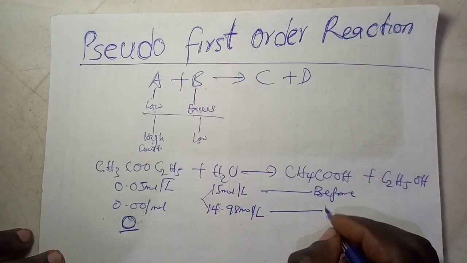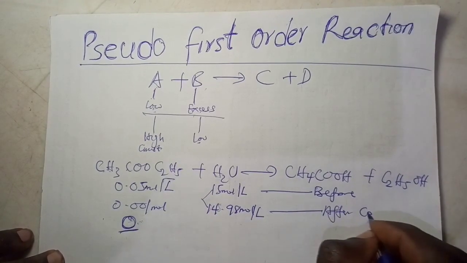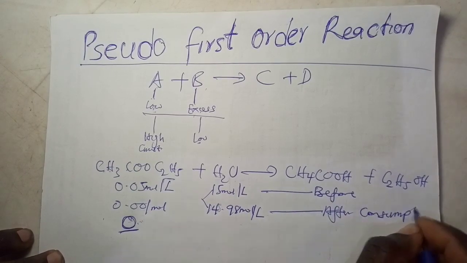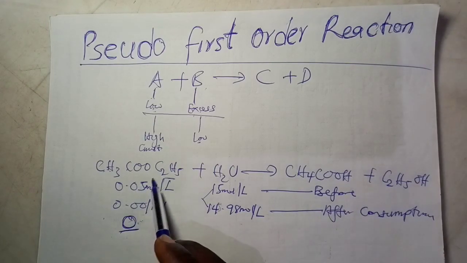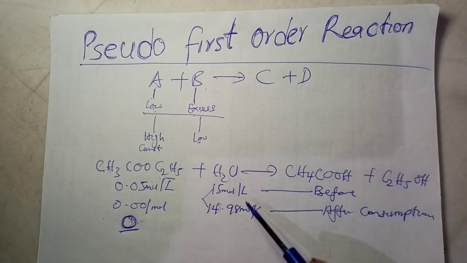So with respect to the one that is in low amount because it has been used up, you now have 0 left, meaning it was totally used up, while the other reactant is not, or even when it is used, it's just very low.